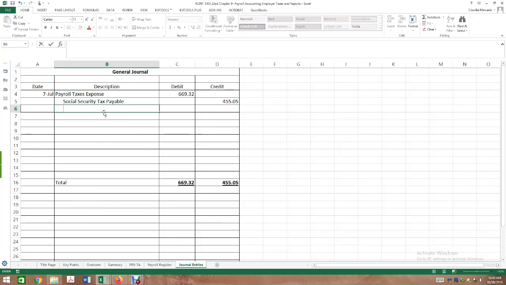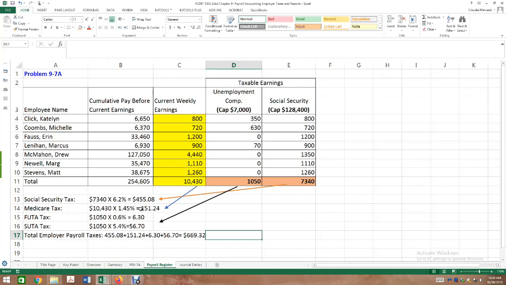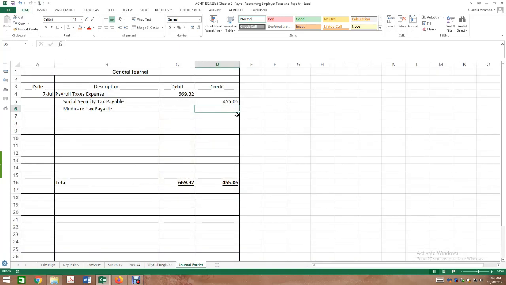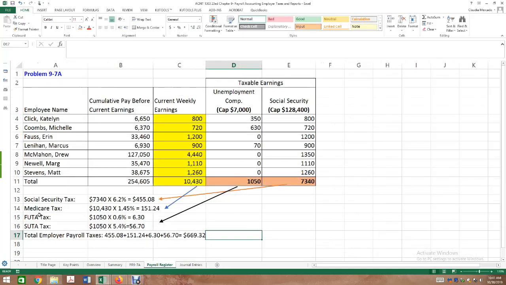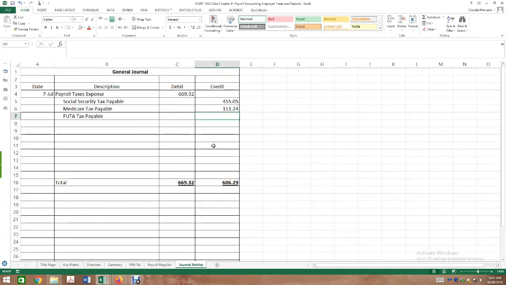The next thing we have is our Medicare tax payable. And that Medicare is coming from right here, the $151.24. Then we have our FUTA tax payable, and that amount, we're getting it from right here, FUTA, $6.30. And last but not least, we have our SUTA tax payable.